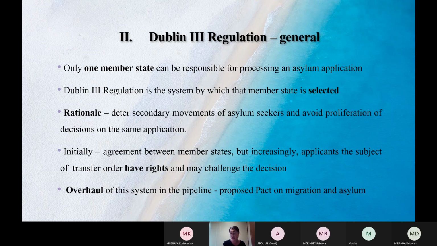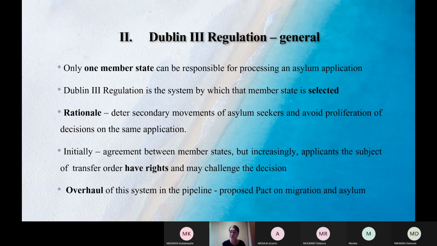There's a series of criteria that are applied, and they serve to select the responsible member state. The rationale of this was to deter secondary movements of asylum seekers, so movements between member states, and also to avoid the proliferation of decisions on the same application.